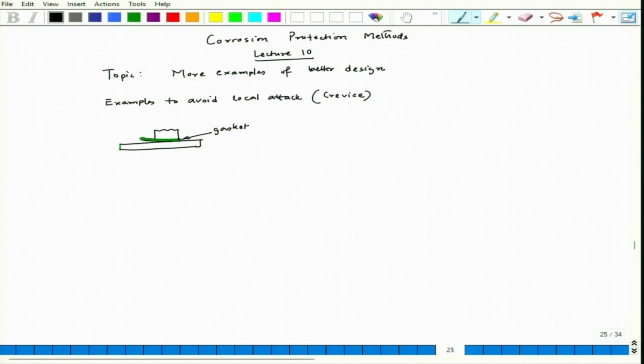Now, if we have a gasket and you press it hard, if the end point of the gasket is protruded, it would bend towards the top part, and at that time there could be a possibility of crevice. So, the best way to avoid this, instead of having this protruded part, you just chop it off from here. The design could be like this.